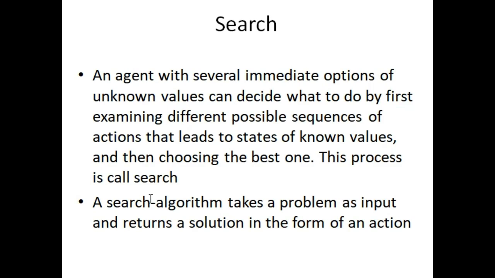So look at another definition of search technique, and that is an agent with several immediate options of unknown values can decide what to do by first examining a different possible sequence of action that leads to the states of known values and then choosing the best one.